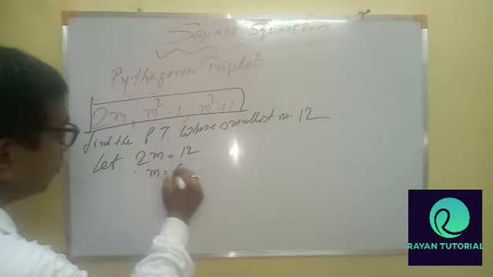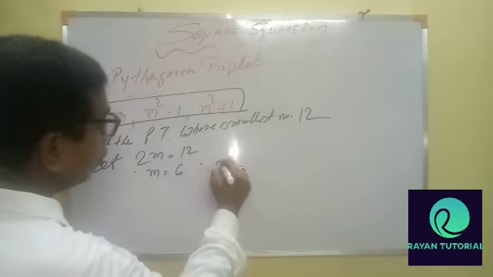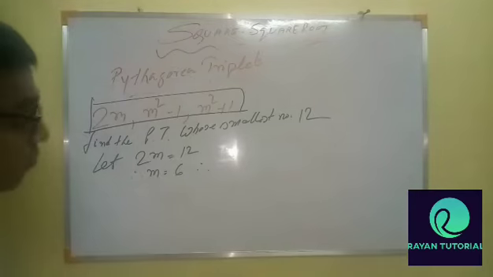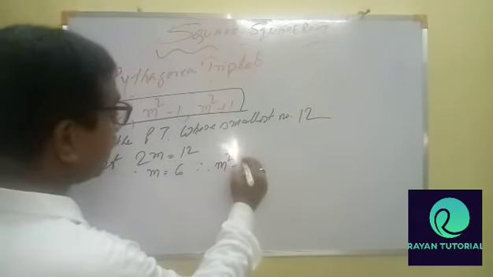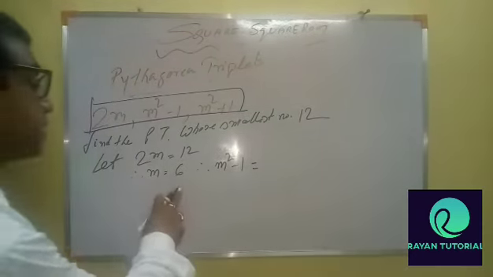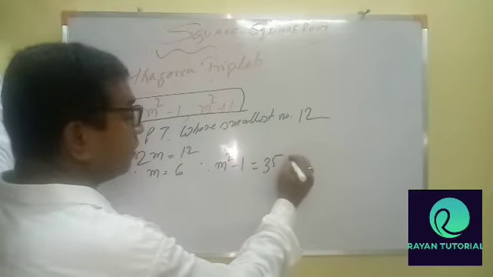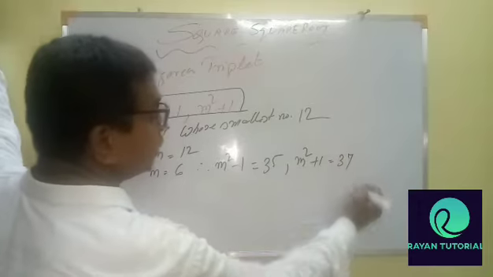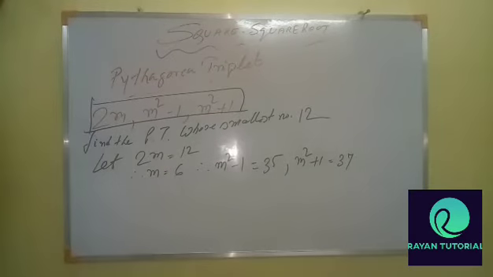Therefore m is equal to 6. Therefore m square minus 1 is 36 minus 1, 35, and m square plus 1 is 36 plus 1, 37. Clear? So here the numbers are 12, 35 and 37. Okay? Clear?